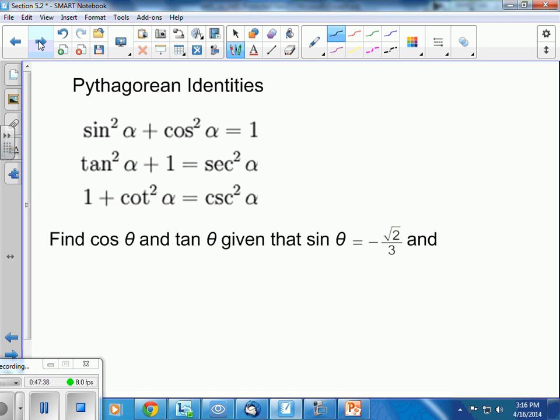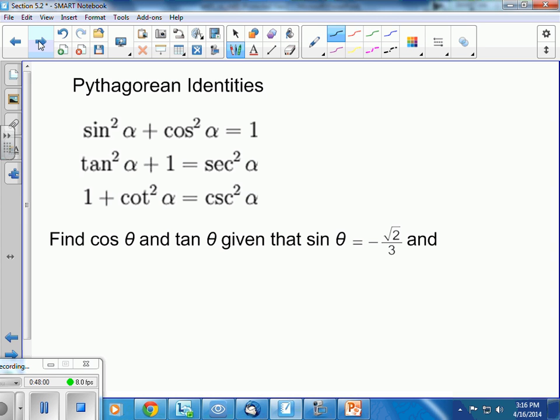This says to find the cosine of theta and the tangent of theta, given that the sine of theta is equal to negative square root 2 divided by 3. Well, we can use these Pythagorean identities to be able to solve this.